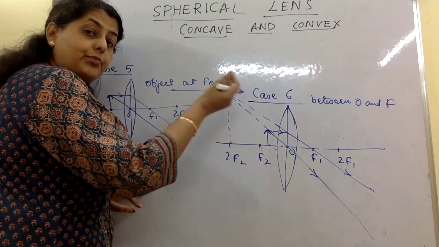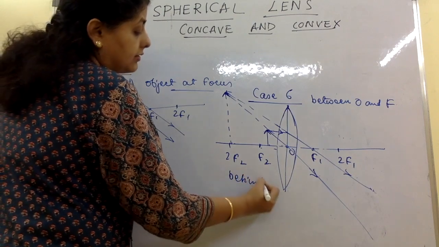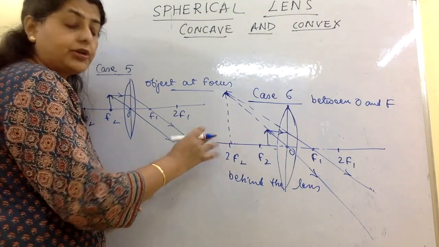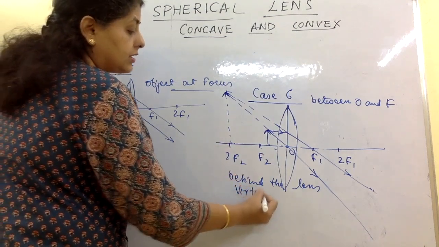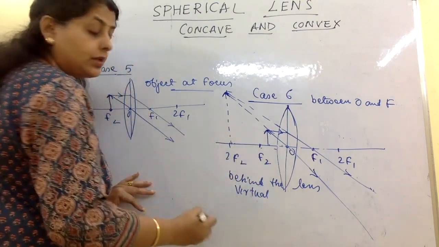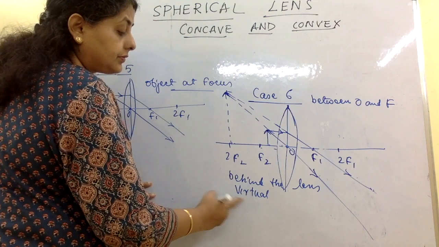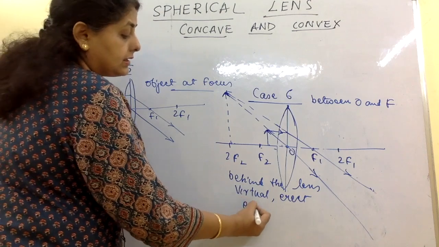It is just behind the lens. You have to say behind the lens. Next, this time it is definitely virtual, and erect. Virtual and erect will always go together, and it is enlarged.